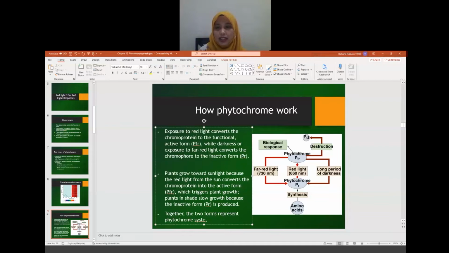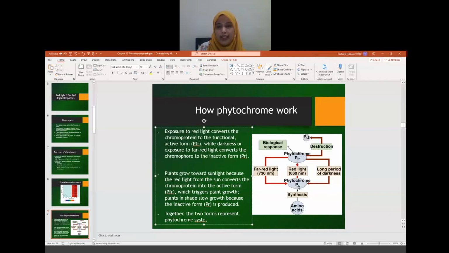This is the flow. Since this phytochrome is a type of protein, the synthesis comes from amino acids. They will synthesize the two types of phytochromes I mentioned just now: number one, the phytochrome red light, and the phytochrome far red light.